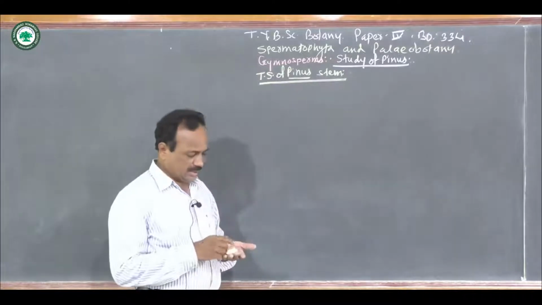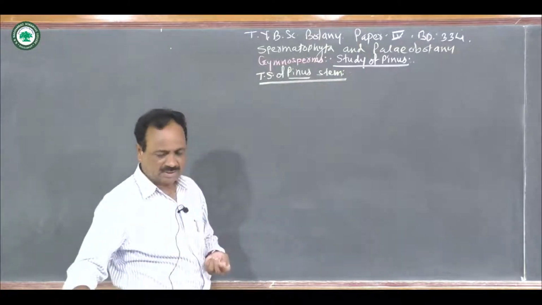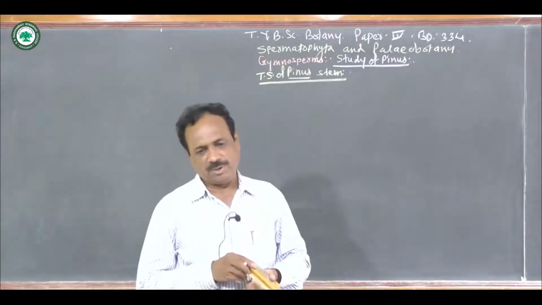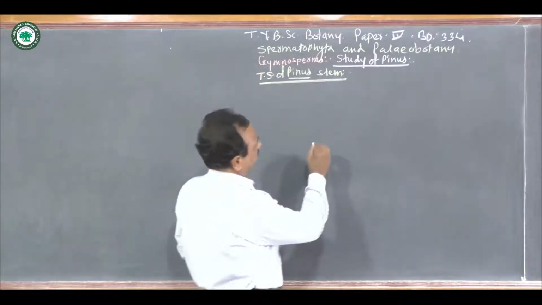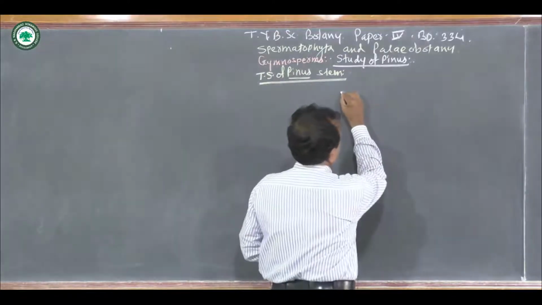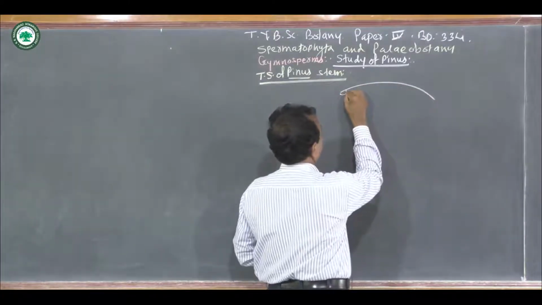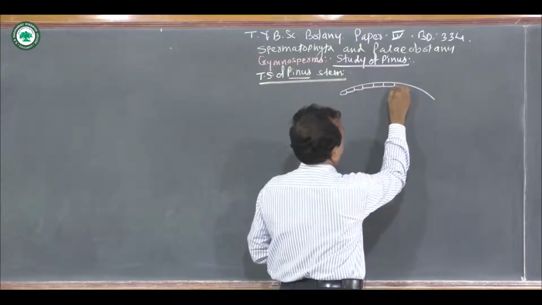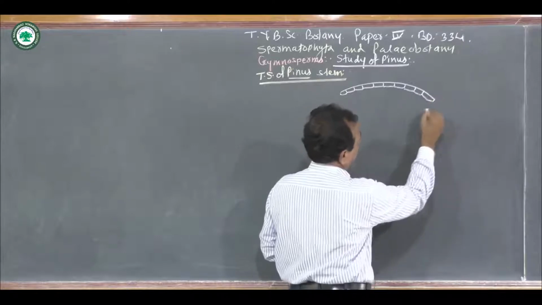So if we see the TS or the transverse section of the Pinus stem, then it shows the presence of different types of tissue layers. Out of that, the outermost layer is the epidermis. This epidermis is the outermost layer of the stem, and it is single layered.